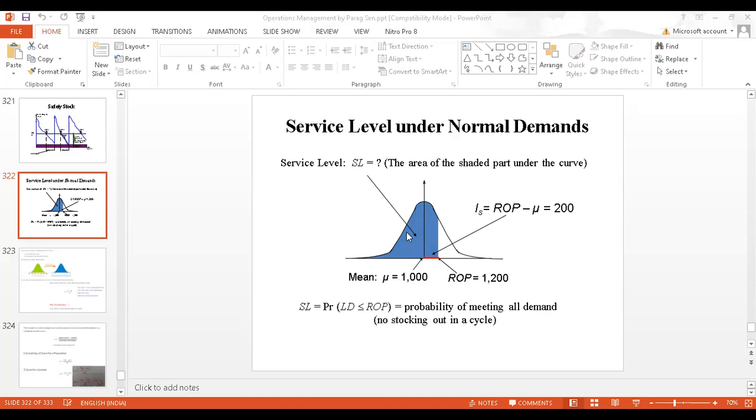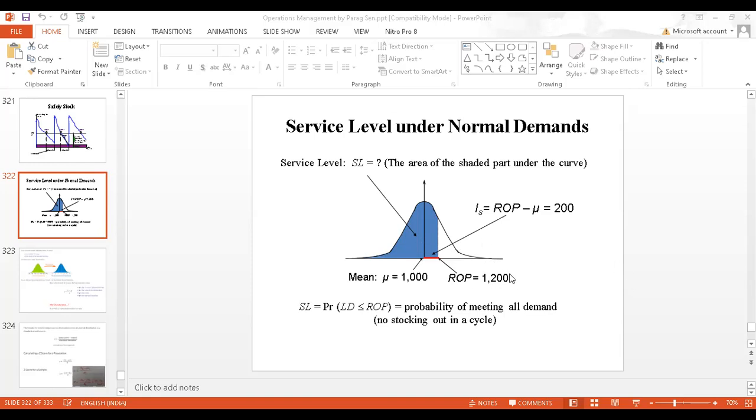This is quite natural; you can use your common sense for that. When we say that on average this is what we are getting, that represents a service level of 50%. Okay, and what is the risk of that? The risk is also 50%, which will be associated with it. Okay, so this is the risk that will be associated with it.